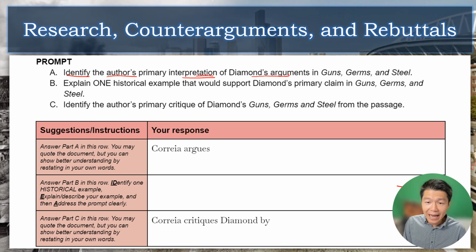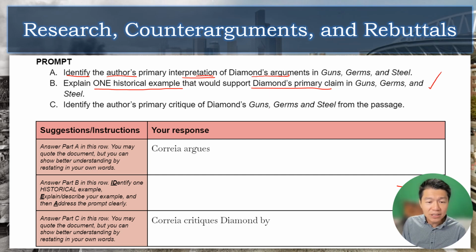In other words, he's recapping what Jared Diamond is going to say. What is that? You're going to take one historical example in part B of how Jared Diamond's primary claim is supported with history. So look at something specific. Look at the readings that we've done so far for homework as specific historical examples. You're going to need your own outside knowledge for part B.